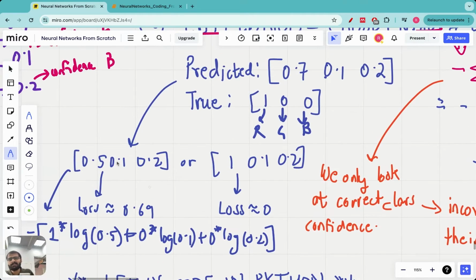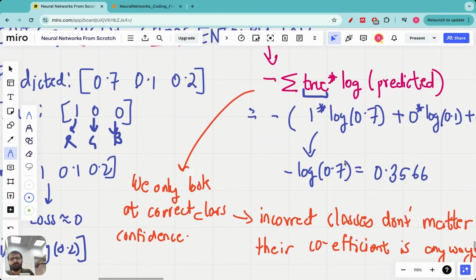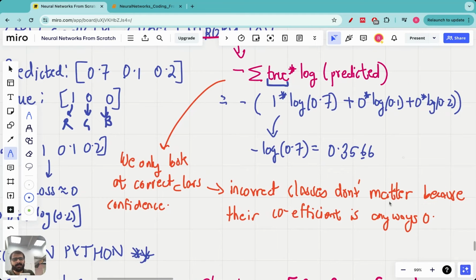So you will clearly see that if we have 50% confidence in the first prediction, we'll get a higher loss compared to, let's say, a 70% confidence in the first prediction, where we'll get a lower loss. The first thing I want to note here is that the incorrect classes don't matter at all because their coefficient is 0 anyway.